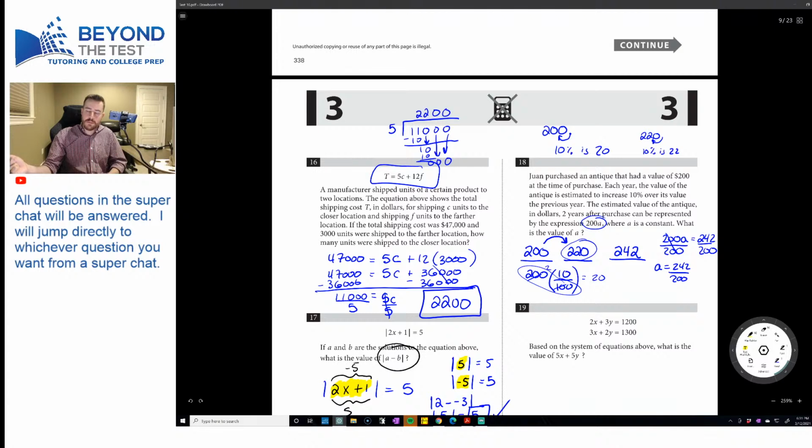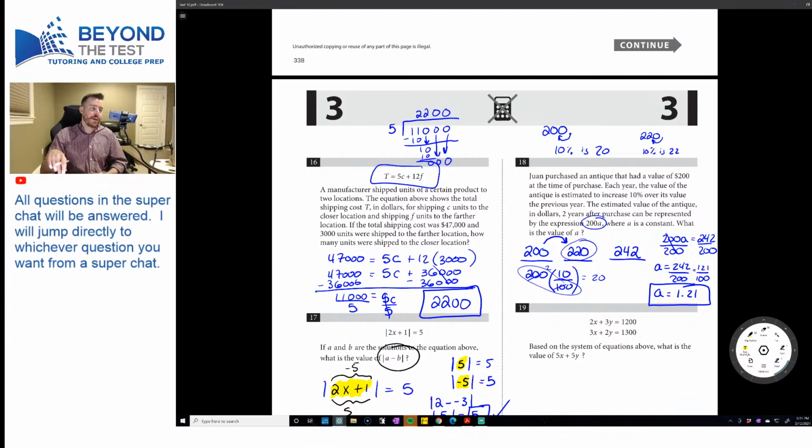That might be a little bit complicated to do, so I'm just going to divide everything in half. 242 divided in half, 2 divided by 2 is 1, 4 divided by 2 is 2, 2 divided by 2 is 1, so that'd be 121 over 200 divided by 2 would just be 100. And whenever you're dividing by 100, you could just move the decimal to the left there. So this would just simply be 1.21. And there's your answer.